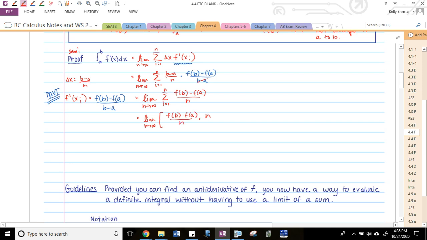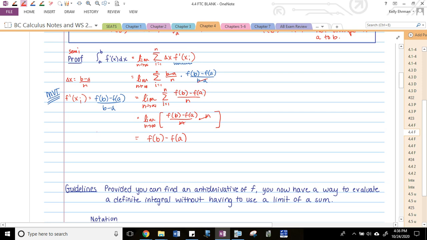If the constant is 5 and you're adding it up n times, it's going to be 5 times n. Those n's cancel. I have the limit as n approaches infinity of some numerical value, whatever f of b minus f of a is. And the limit of that is just that constant value. So it is f of b minus f of a.